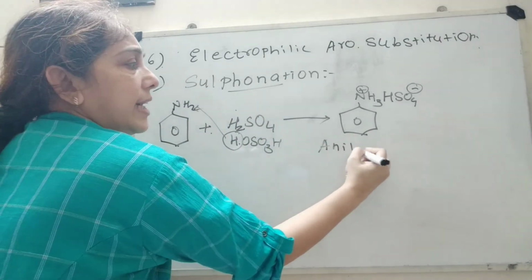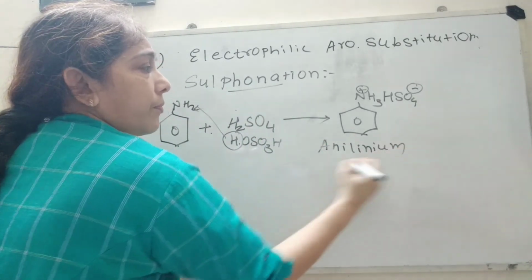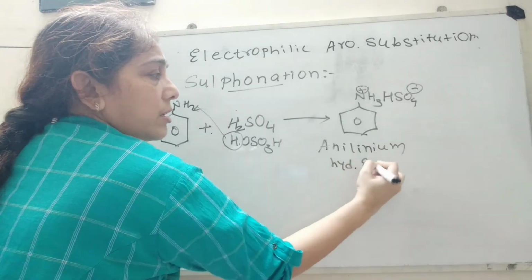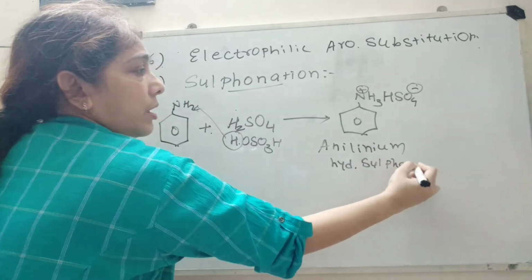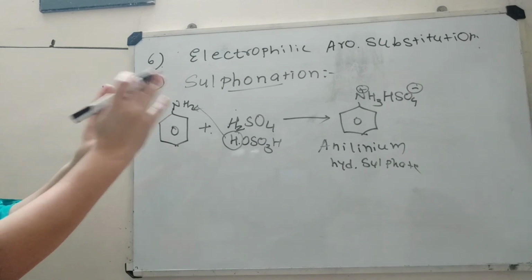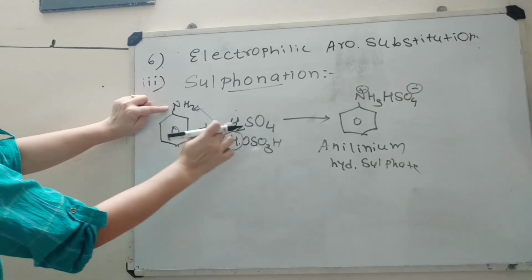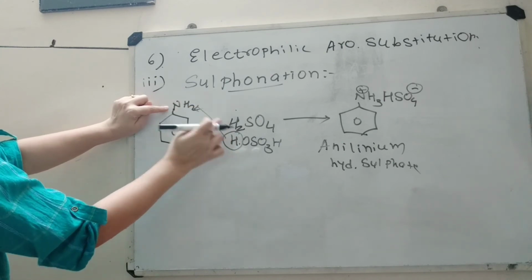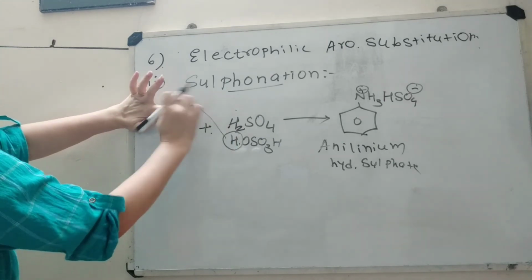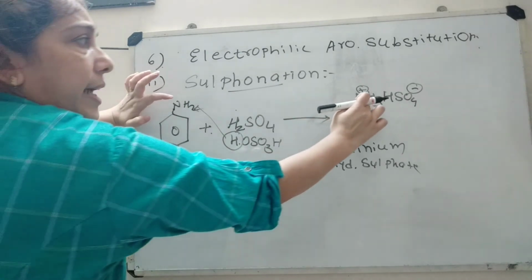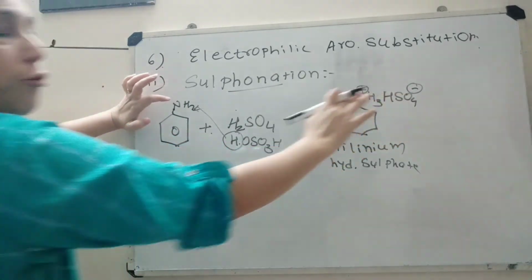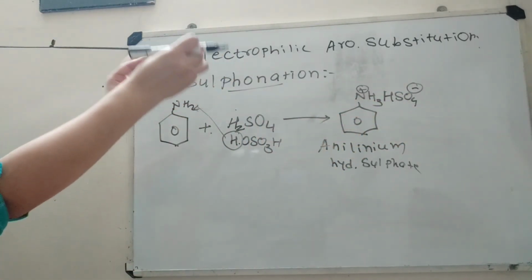It is known as anilinium hydrogen sulfate. Just I have added to this group: NH2, if one hydrogen is given, it becomes NH3. So it is NH3, HSO4, and just put the sign plus and the minus.